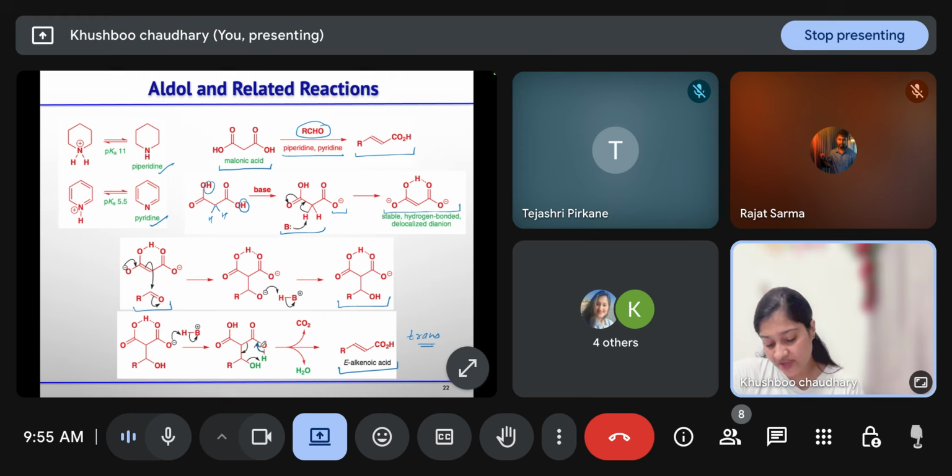Now this bond will shift here, your CO2 will release, and then again this bond shifts here and hydroxide will leave. So water is releasing, CO2 is releasing. So dehydration and decarboxylation are taking place in the same step, and you will get this alkene. So in the case of dicarboxylic acids, you will get the trans alkene as the major product.